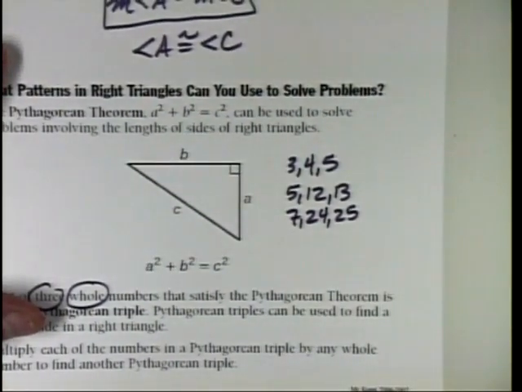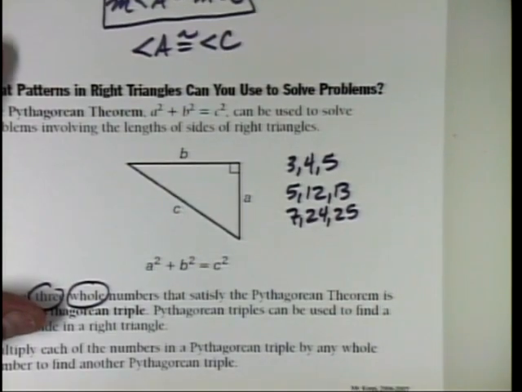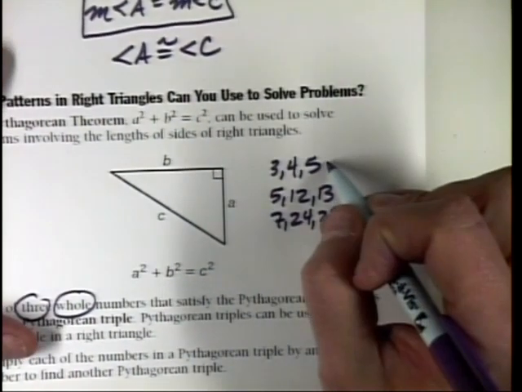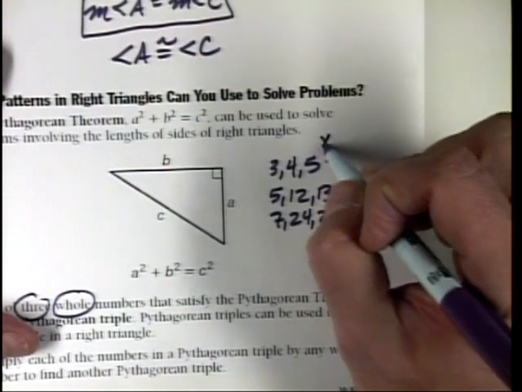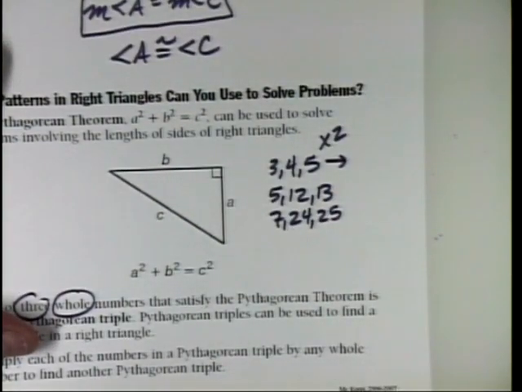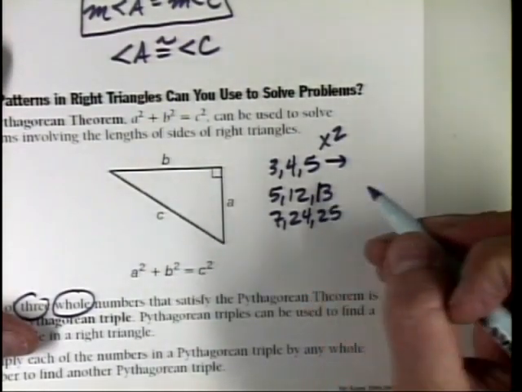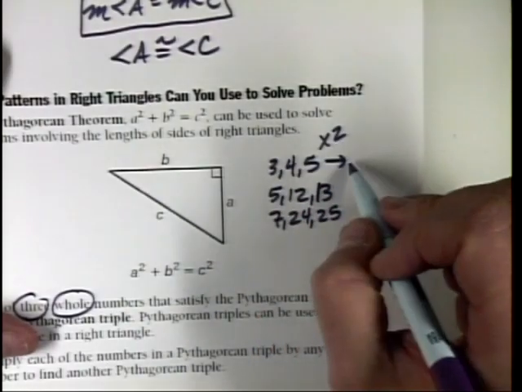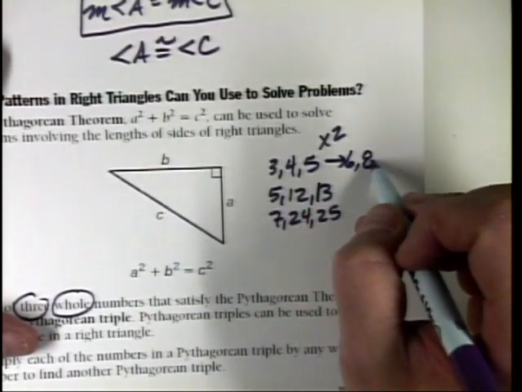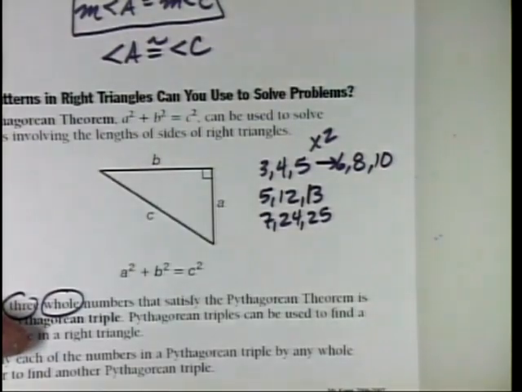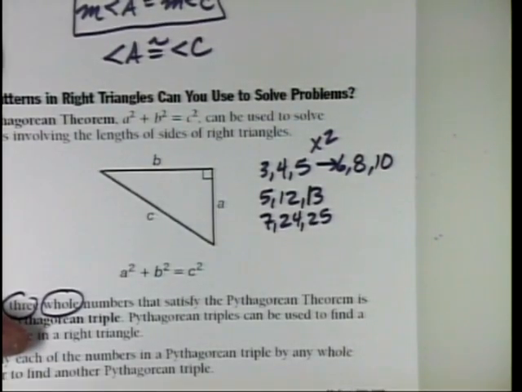If you take any Pythagorean triple, and here's what's nice about memorizing these, you can multiply each of the numbers by any number, call it a 2 in this case, and you're going to get another Pythagorean triple. So 3 times 2 is 6, 4 times 2 is 8, 5 times 2 is 10. So 6, 8, 10 is another Pythagorean triple.